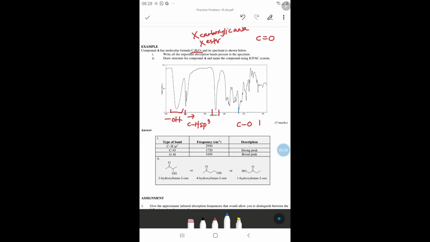Make a line here, and this is for C-O, 1100. This is for your C double bond O. This is for your OH. This is for your CH sp3. Just bring your ruler and find it, so it's around 3000.